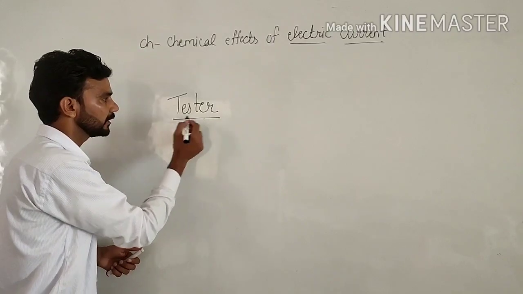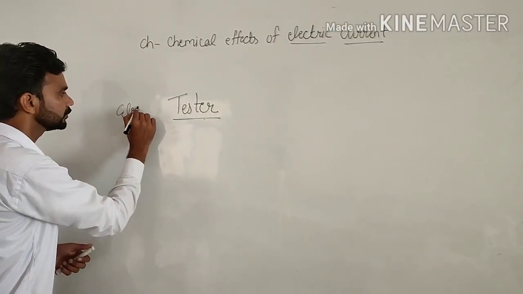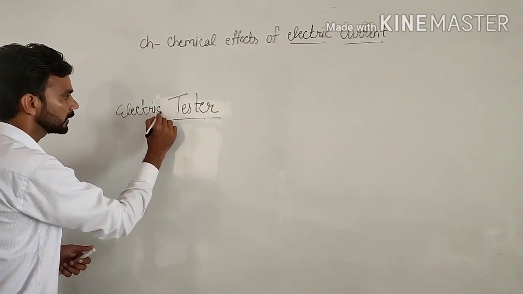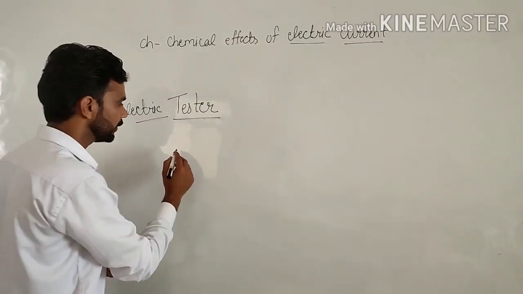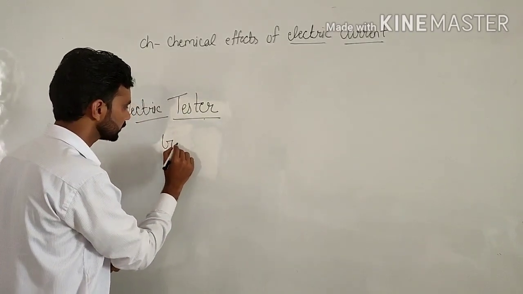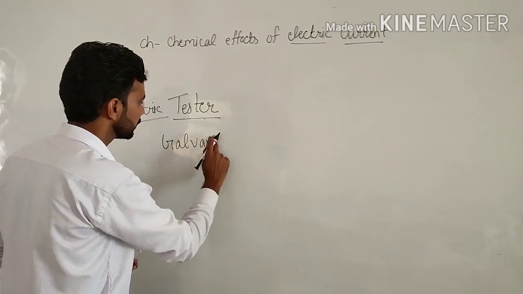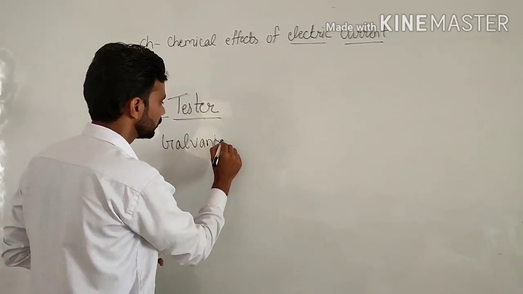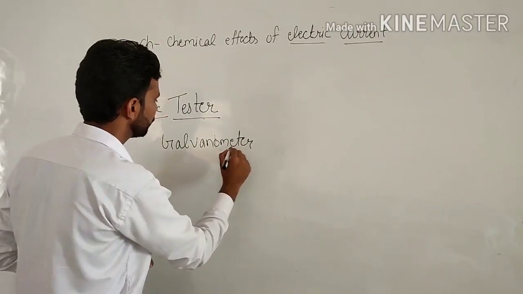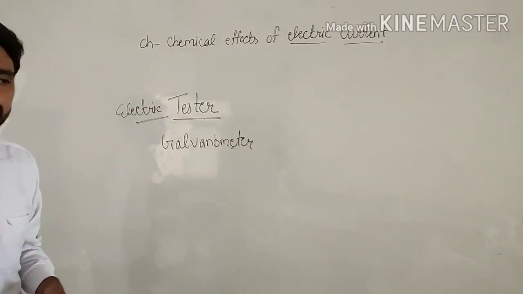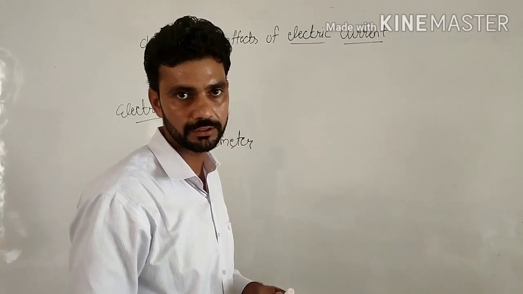So electric tester is a device which is used to check the presence of current. We have one more device which is used to check the presence, that is galvanometer. Galvanometer is also a device which is used to detect the flow of current.